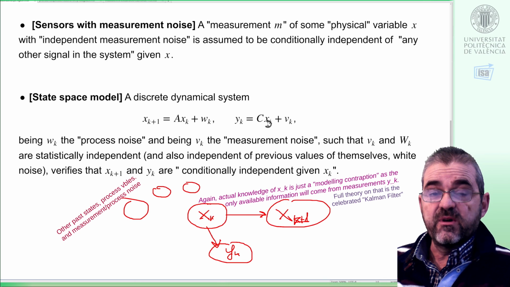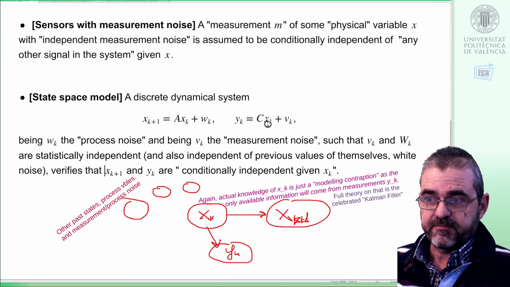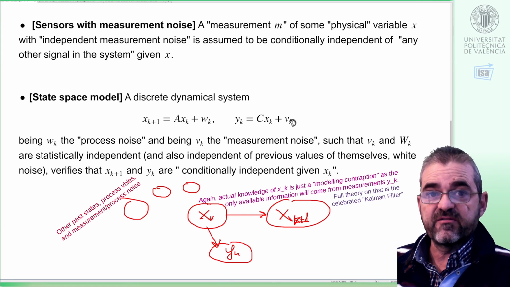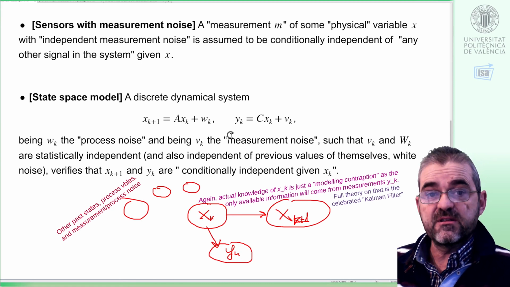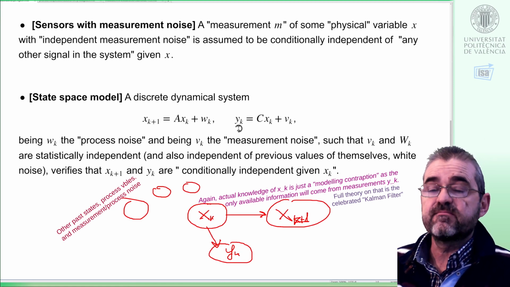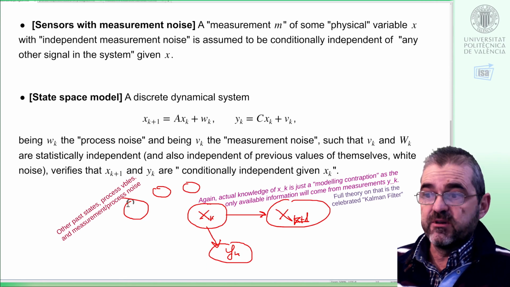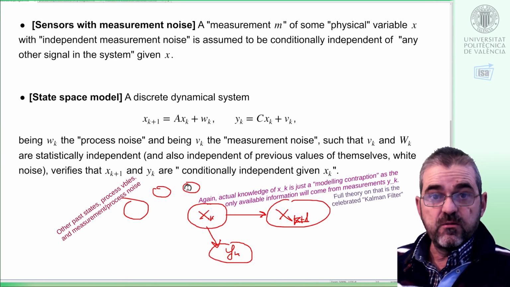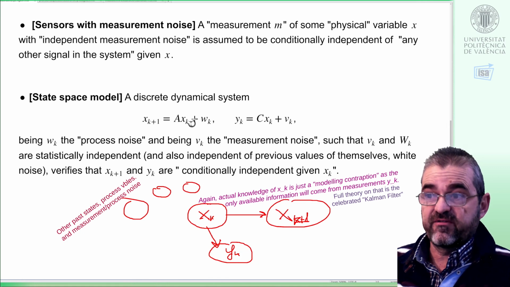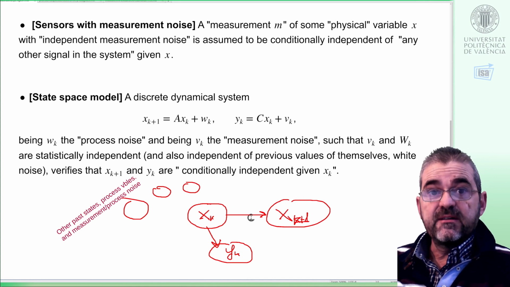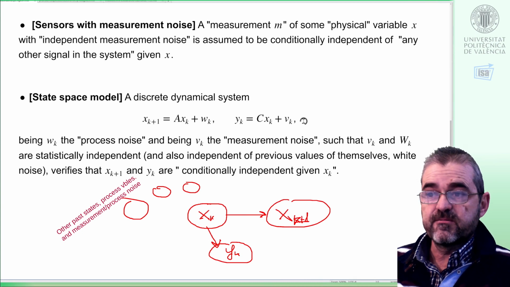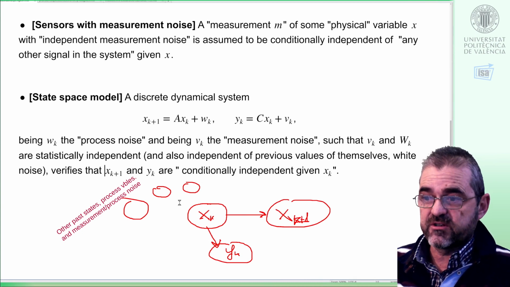And likewise, if I know xk equals 0.723 volts, then this additive noise independent of everything allows me to compute the conditional probability distribution of yk, the measurement, without needing any further knowledge on other process variables or other past values of states or noises. So this drawing depicts the underlying conditional independence assumptions that made me write these equations.